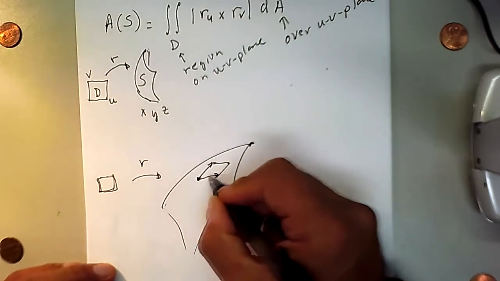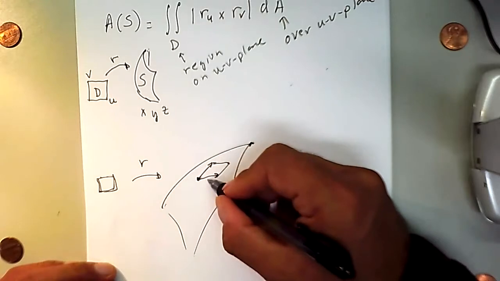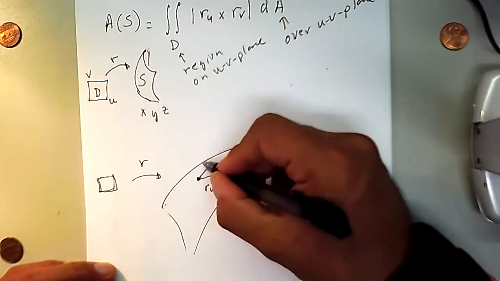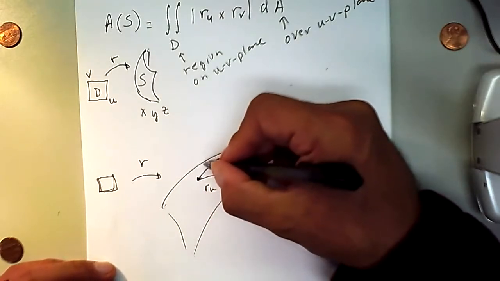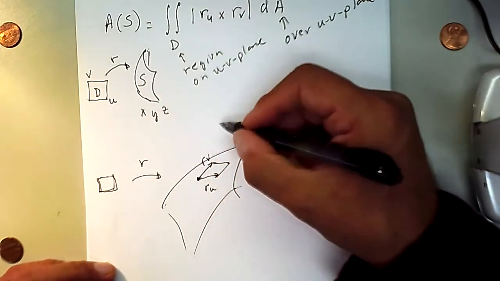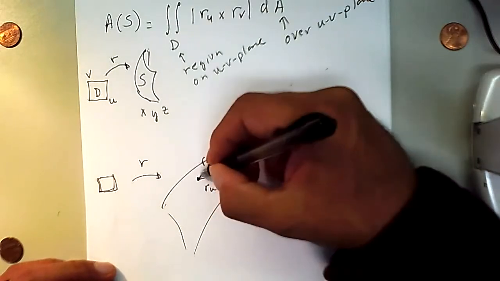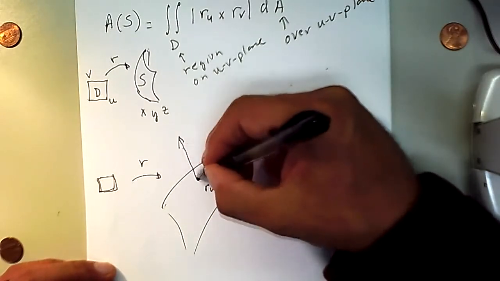The parallelogram in general will have those two sides, which are going to be R sub U and R sub V, not necessarily in that order. Who knows where they're going to be pointing. And then the area of this is going to be the cross product of those two, which is the perpendicular vector.